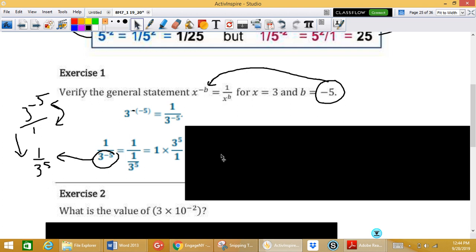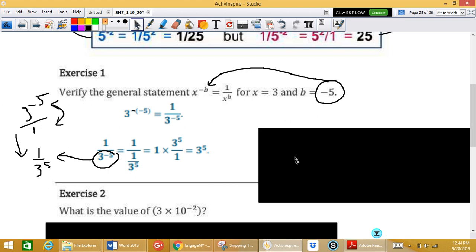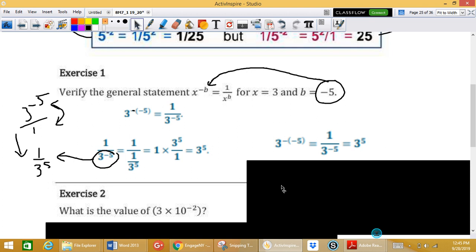So that's 1 over 3 to the 5th, so that equals 3 to the 5th. The other way you can look at it is if you just have 1 over 3 to the negative 5, and when you flip that, it's just 3 to the 5th. So please make sure both ways are copied down.